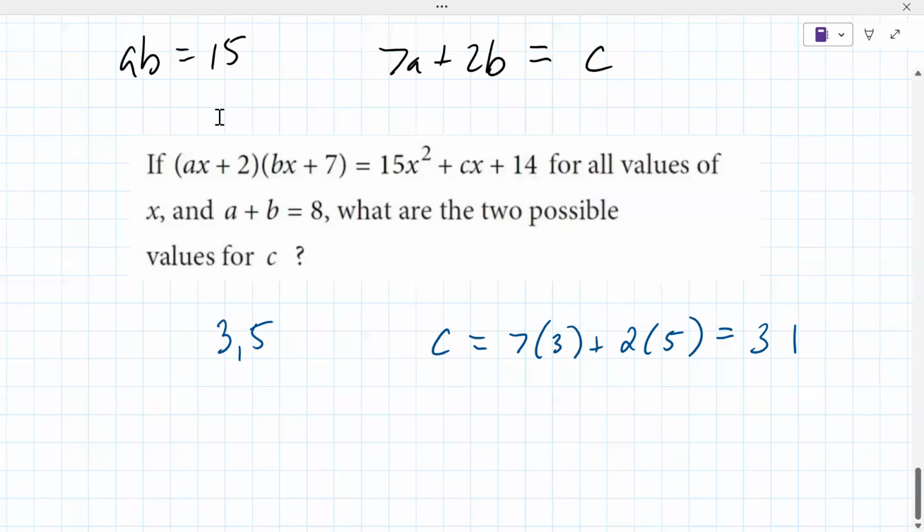Like, how do you know that A isn't 5? Oh, you mean how do you know which one is it? Yeah, good question. So you don't.